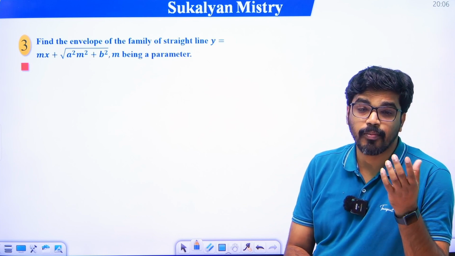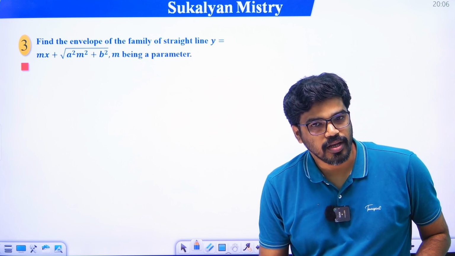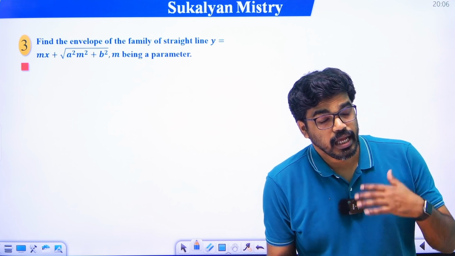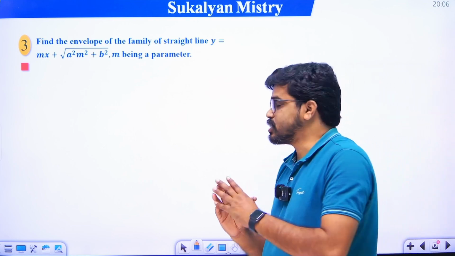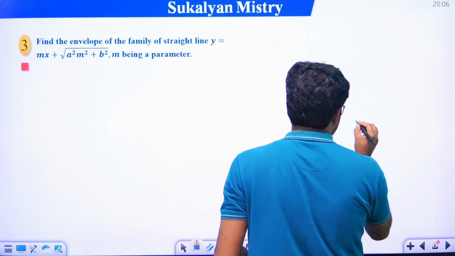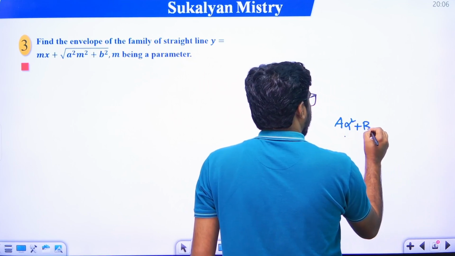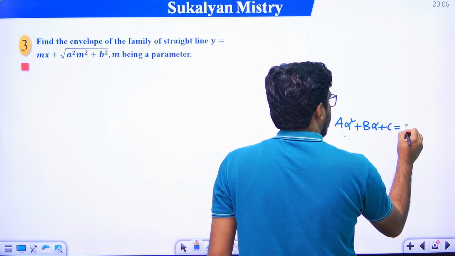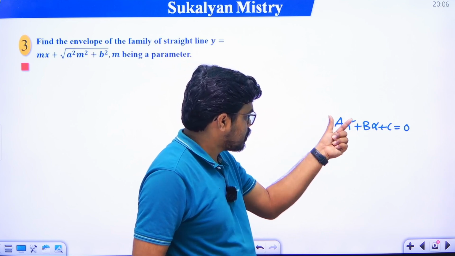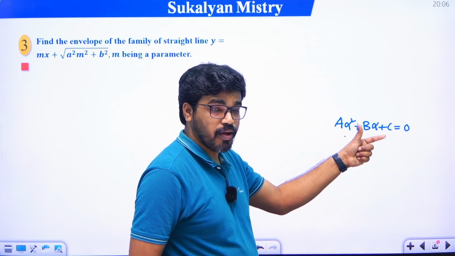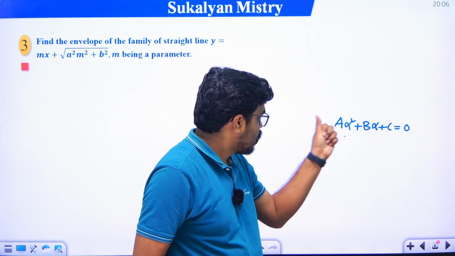If the given family of curves is of the form a alpha square plus b alpha plus c is equal to 0, then the envelope is given by the relation b square minus 4ac is equal to 0. We use this method. What is alpha?